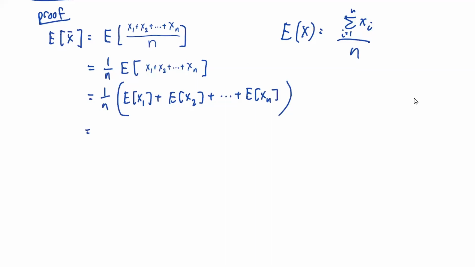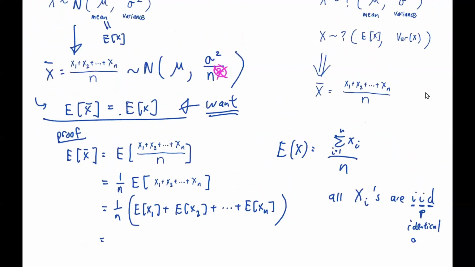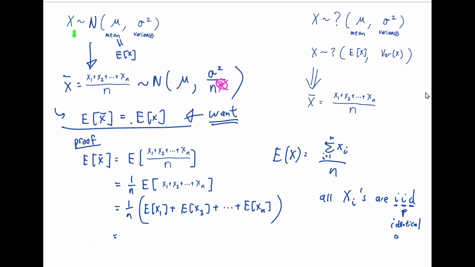But here we're going to assume that all of the xi's are IID. What does that mean? Independent and identically distributed. In particular, identical distribution. Identical distribution just means that if you start off with x, you can split it up into x1, putting an index i.